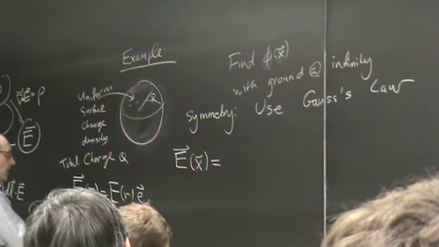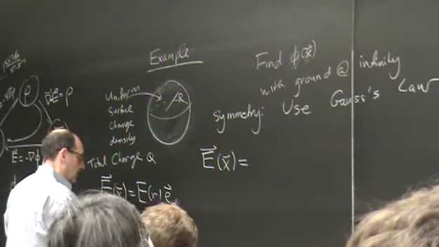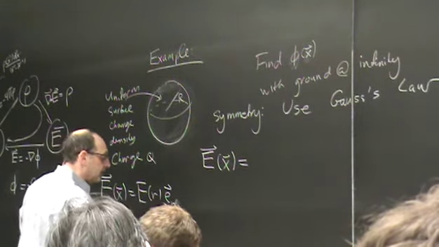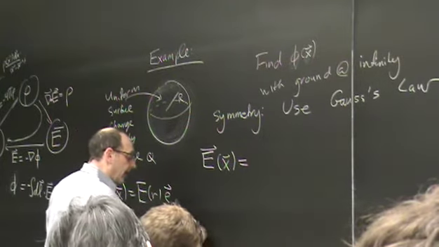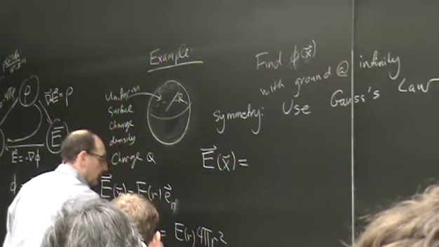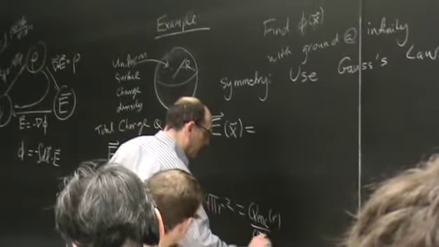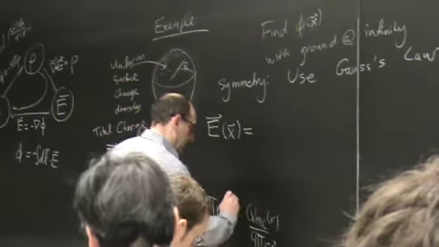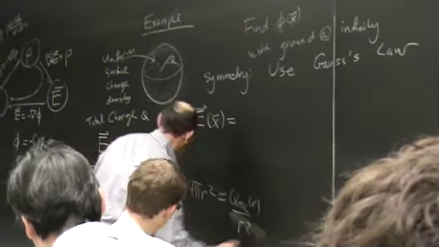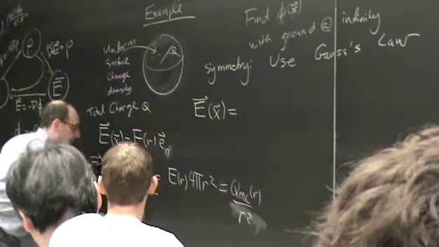And of course, from that we know that the surface integral is the electric field times the surface area at that radius, and that equals 4 pi times the enclosed charge at that radius, right?